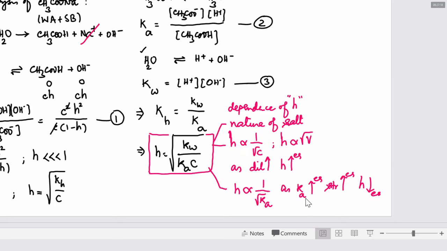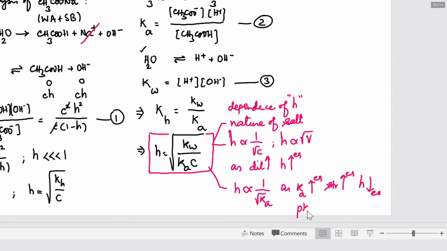Remember, as Ka increases, what happens to pKa? It decreases. You have to relate these. They'll give you different substances with Ka values and ask for the decreasing or increasing order of degree of hydrolysis.